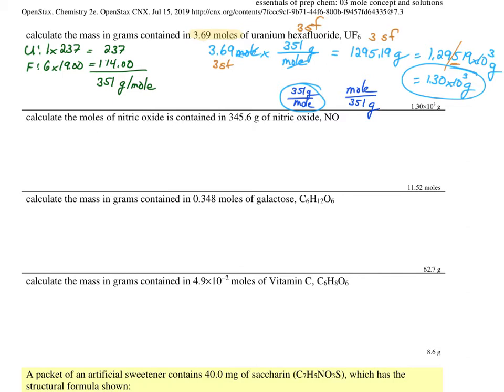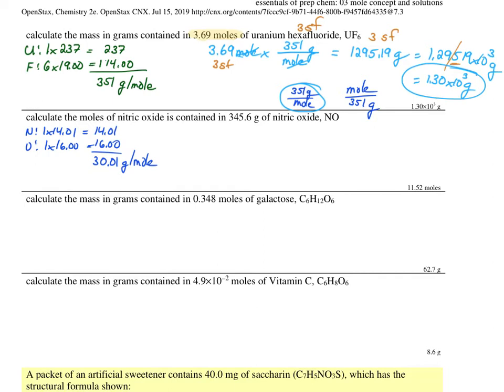Okay, the next problem involves nitric oxide. We need its formula weight. So we have a number of 30.01 grams per mole for the nitric oxide.